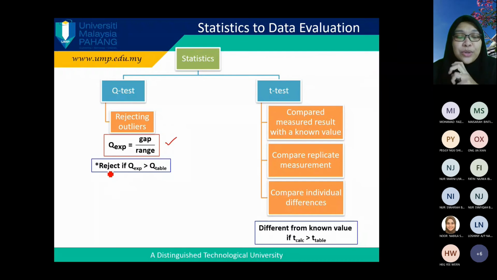You reject only if the Q experimental that you calculate is greater than Q table. For the T-test, you compare the measured results with a known value, or compare the replicate measurements, or compare the individual differences. If the T calculated is greater than T table, we know that the known value is different from the measured value.